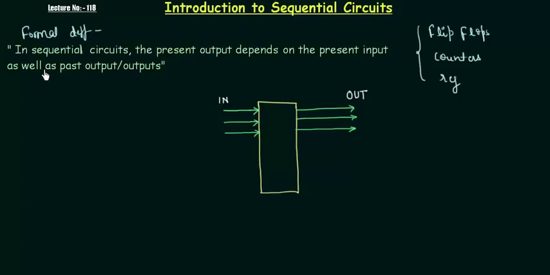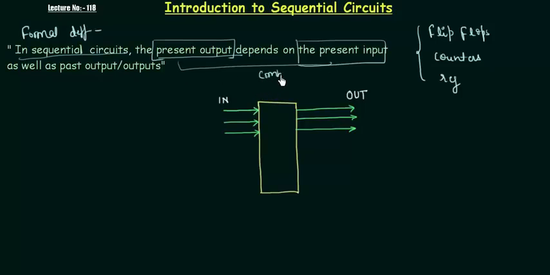You can use this definition if someone asks you what a sequential circuit is in your exams as well. So in sequential circuits, the first important thing is that the present output depends upon the present input. Now these two things combined together make your combinational circuit. In a combinational circuit, the present output depends only on the present input.